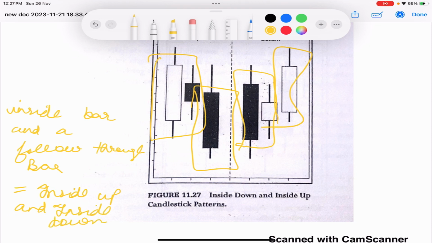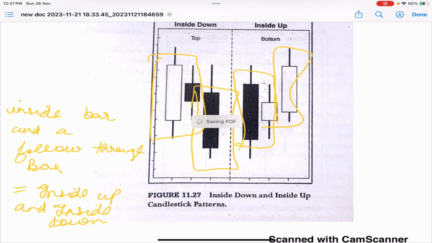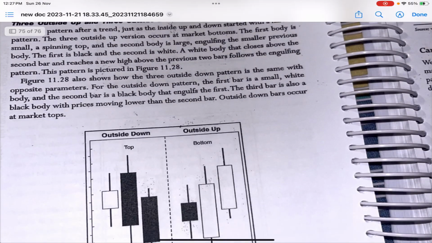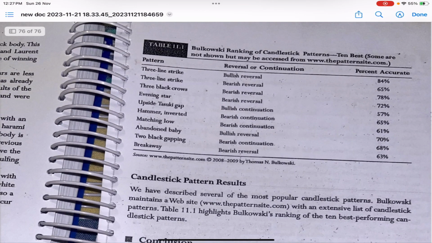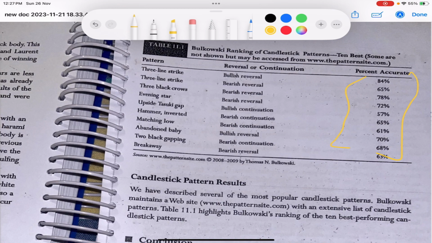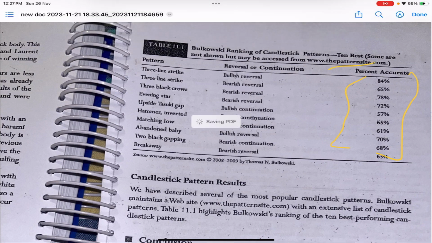So whenever we are talking about 3 inside up and 3 inside down, you are talking about the inside bar pattern with a follow through. Now here they have given you the percentage of accuracy of the same. If you want to, you can use that.